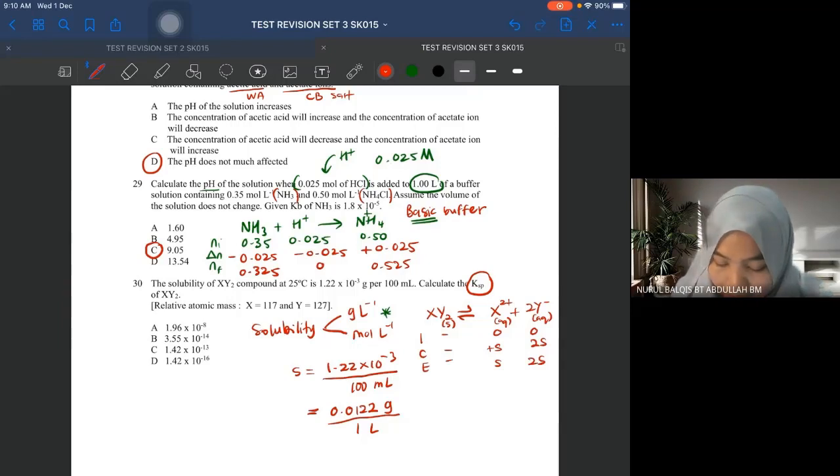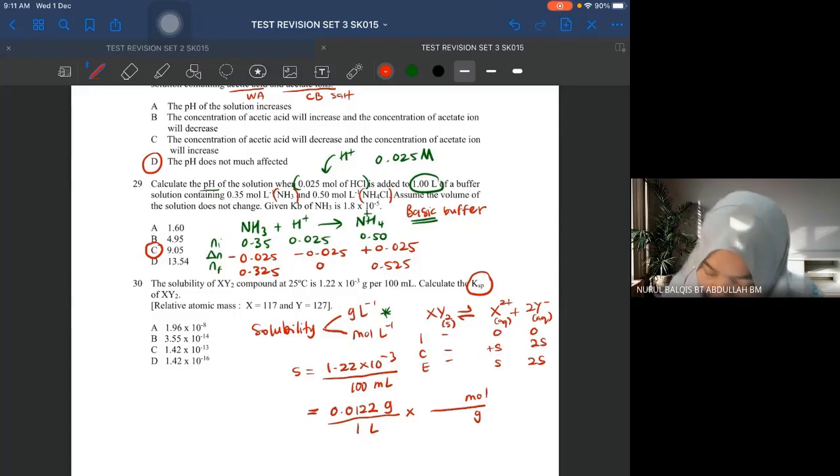We know our X has an atomic mass of 117, Y has 127. So here you have to change it to mole per liter. So mole per liter is our aim. Mole is gram over gram per mole. So we cancel, how much? X 117, Y 127 multiplied by 2.